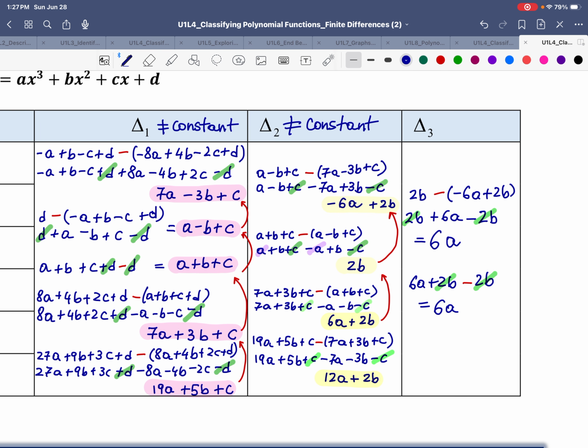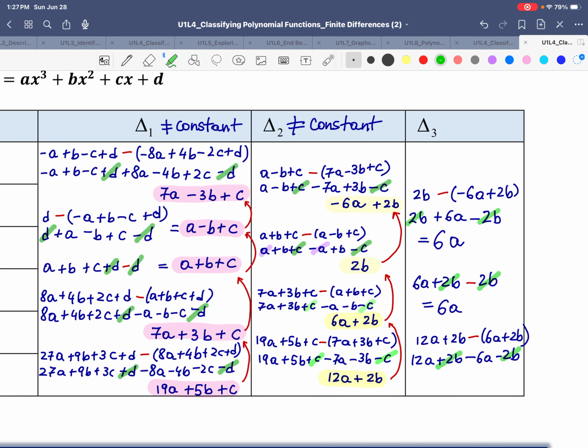And one last difference, we have 12a plus 2b, and we are taking away 6a plus 2b. So we got 12a plus 2b minus 6a minus 2b. You see again, same idea, the b's are gone. 12a minus 6a is equal to 6a, and we're going to take a closer look now at our third differences and see what we got.